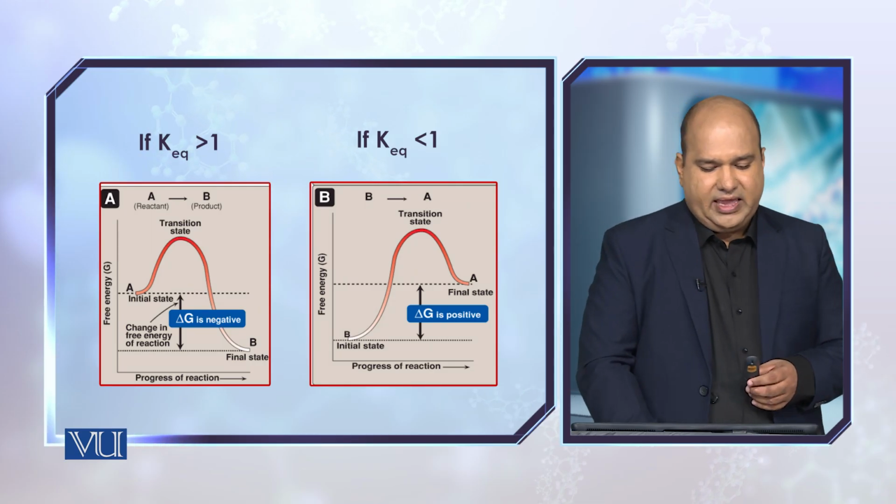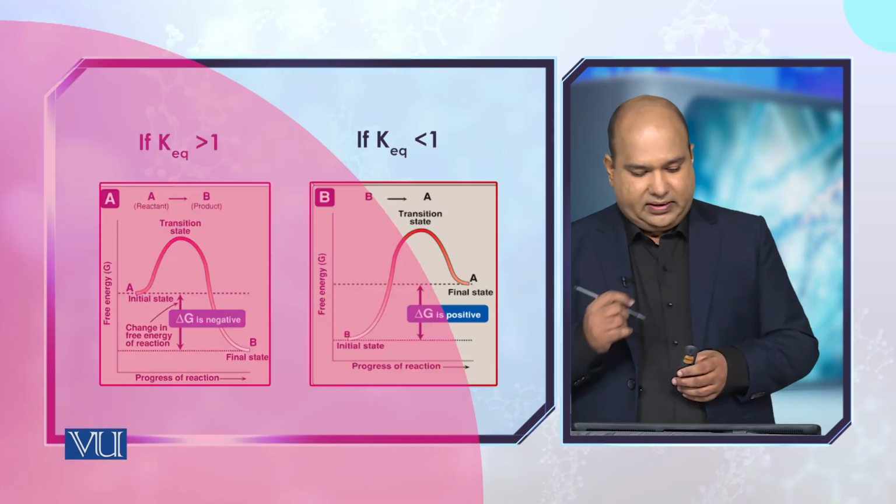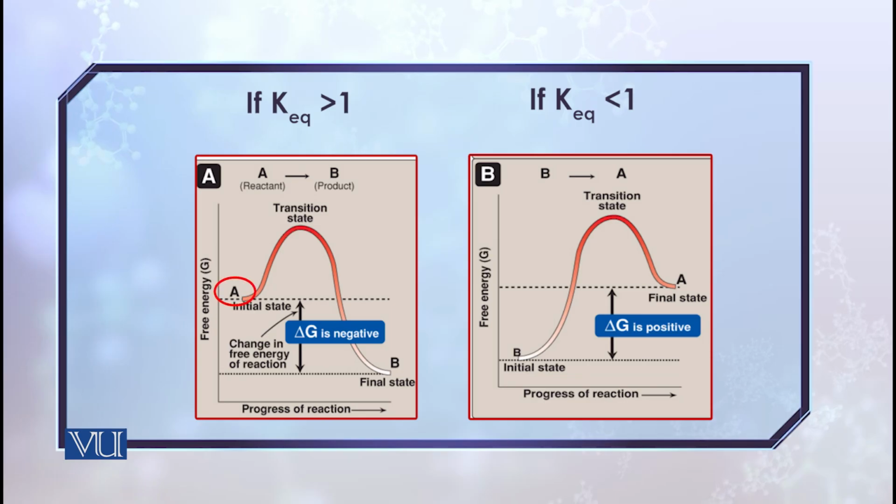If K equilibrium is greater than 1, let us say this is A, the reactant, and the reaction starts from here and goes to the transition stage, the free energy increasing and increasing, and then going down and down until you get B, the product. In the final stage you get an energy level which is much lower, that is, delta G is negative.